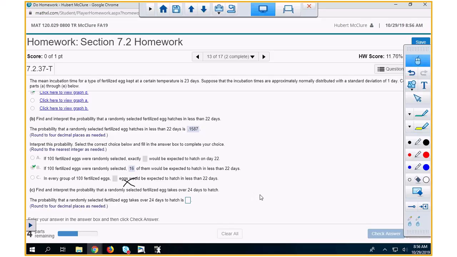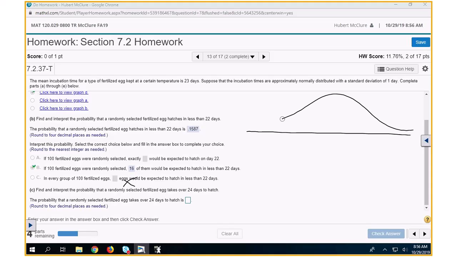Over 24 days to hatch. So, of course, I had to erase mine. So go back to your picture, and I'll just do a quick version of it. (23, 24, 25, 26, 22, 21, 20), and they're saying more than 24 days.